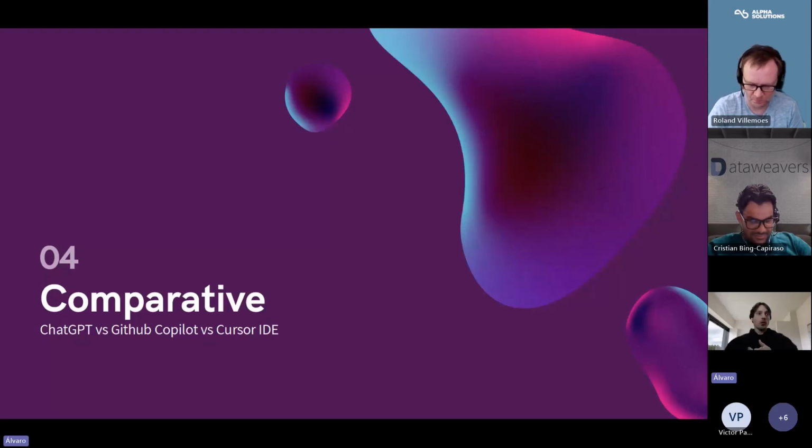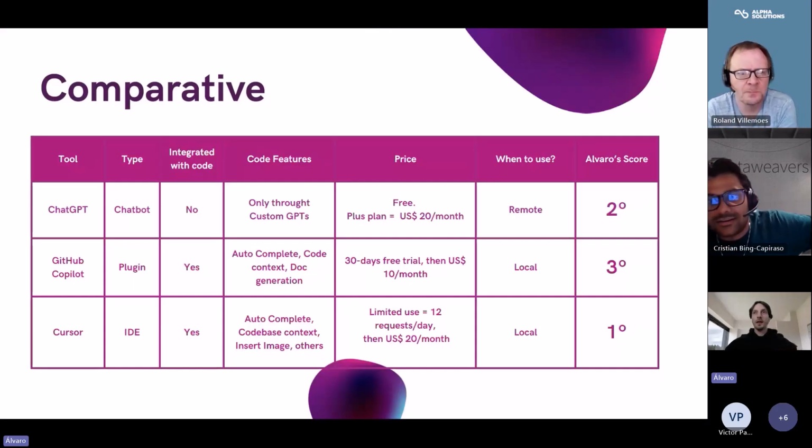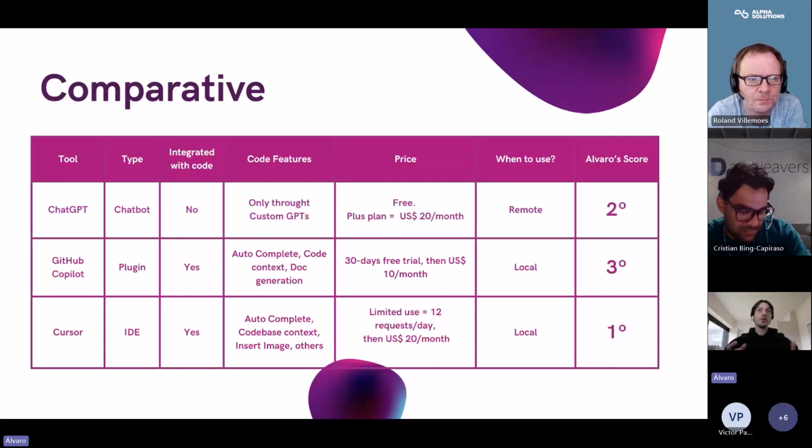Okay, so let's go to a comparison, and here I bring GitHub Copilot because I think it's worth it to compare these three tools, as many people use GitHub Copilot. I created this table and put some columns with things that I think are interesting for us.